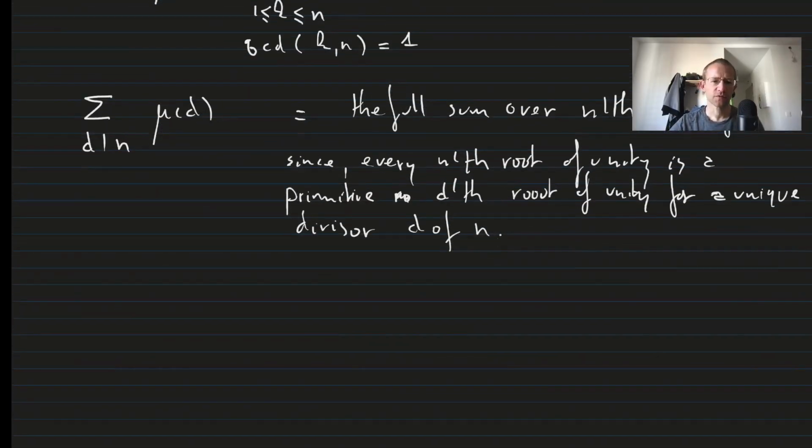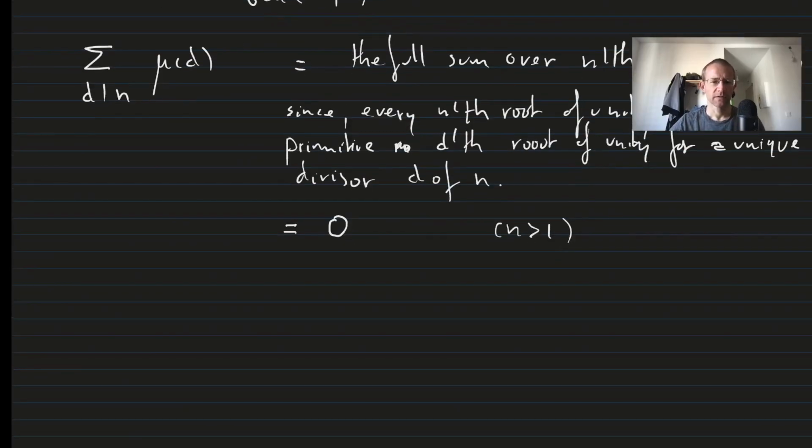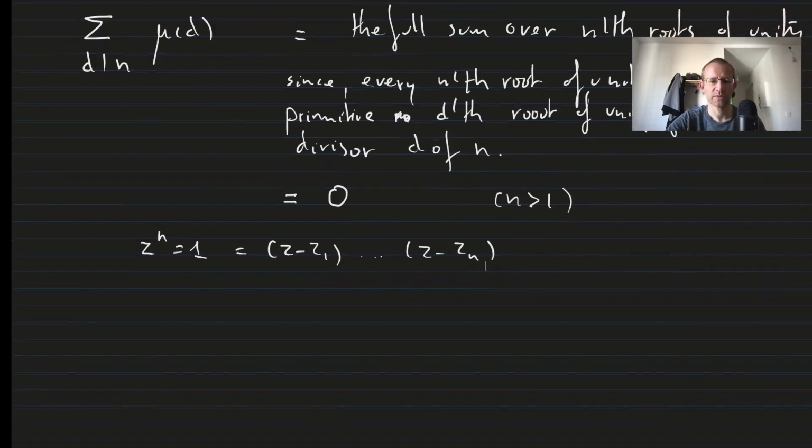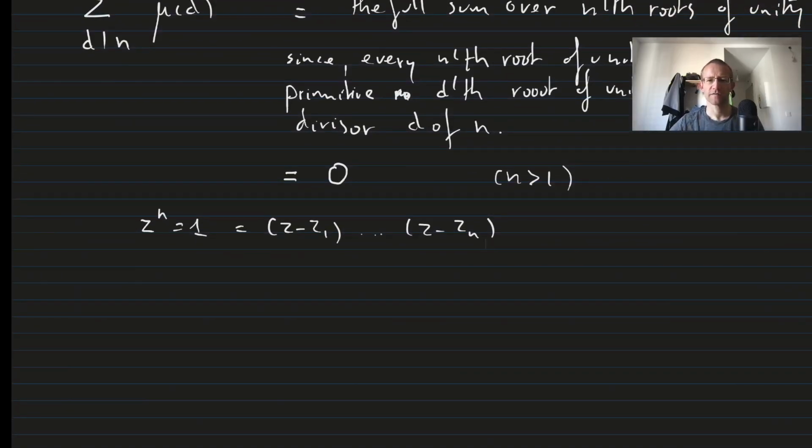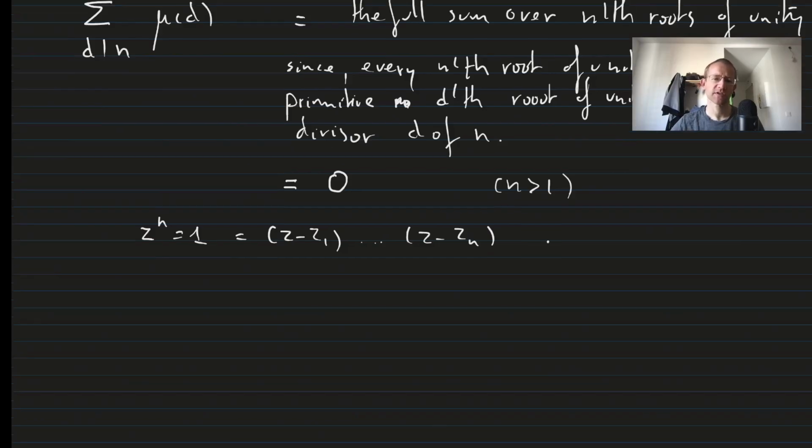And then the full sum over nth roots of unity is well known to be 0 for n bigger than 1. For instance, by thinking about the equation z to the n is equal to 1, and then decomposing it as z minus z1, etc., z minus zn. And then one sees that the coefficient of z to the power n minus 1 is 0, and therefore the full sum over the nth roots of unity is 0.